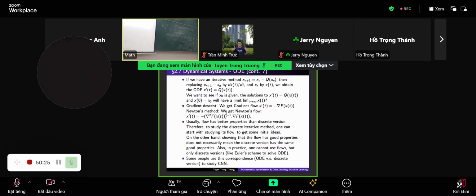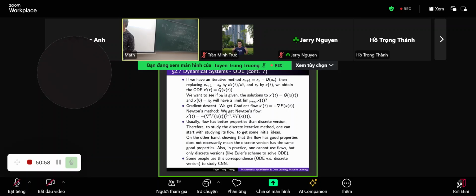Some people use this correspondence between the ODE and the discrete version to study deep neural networks, in particular convolutional neural networks. You can think of a deep neural network as having an input and then getting an output.